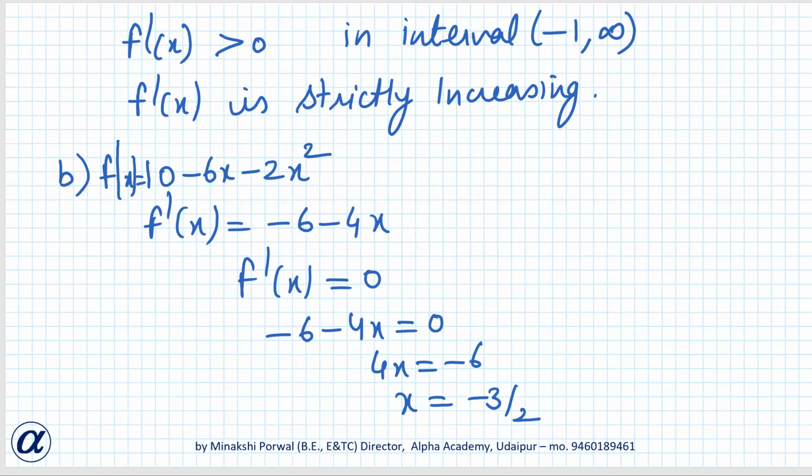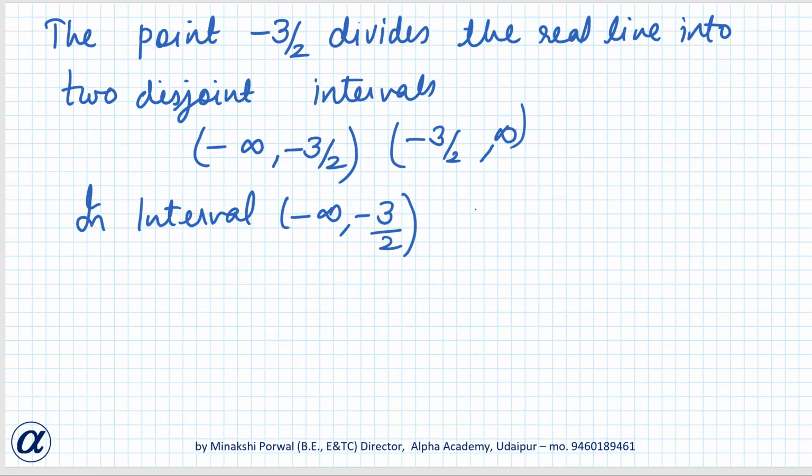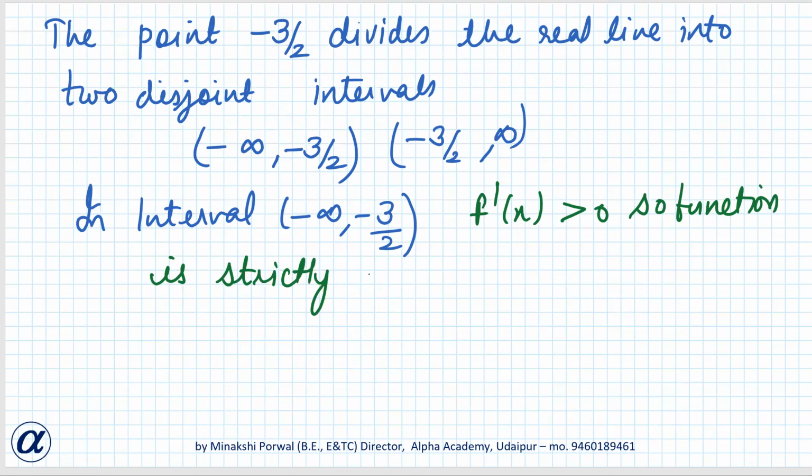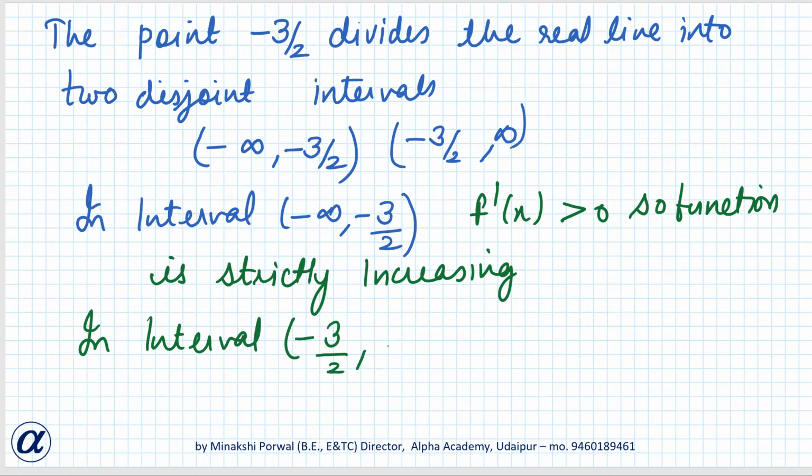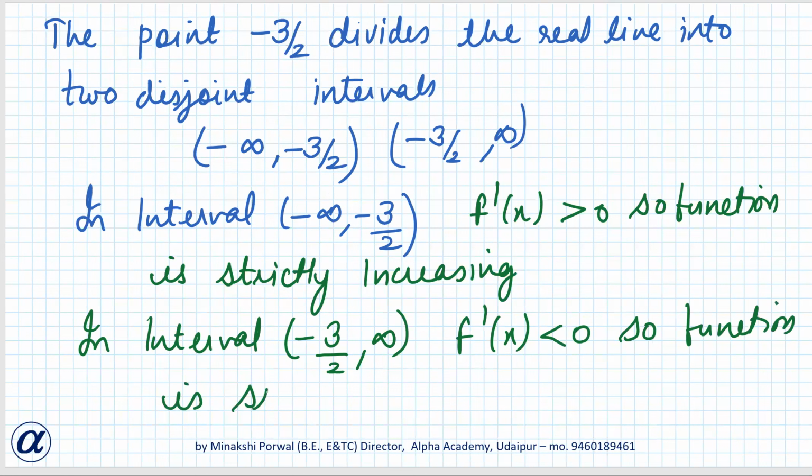So f'(x) will be greater than 0, so it is strictly increasing. Then in the interval minus 3 by 2 to infinity, f'(x) is less than 0, so the function is strictly decreasing.